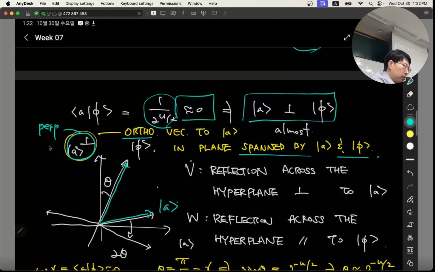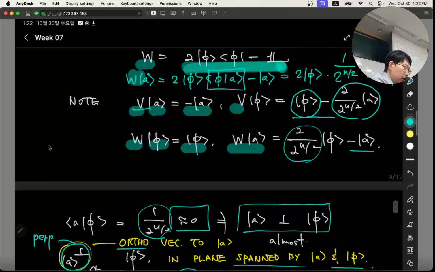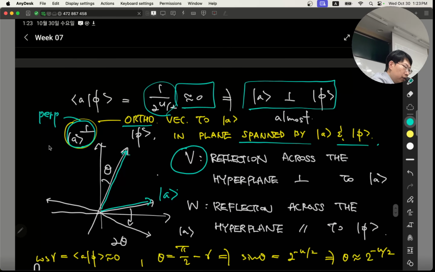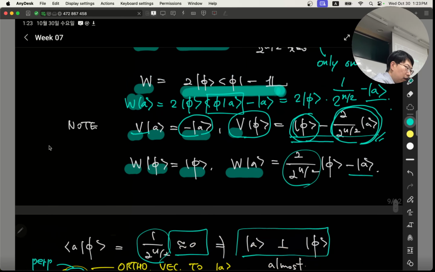Okay, so think about V here. What does V do on A and phi? Go back to here. V is inverting A. And what does V do on phi? It does this. It takes phi to the same, but it inverts A with a small coefficient. So you can ignore this part because the coefficient is a very small number.